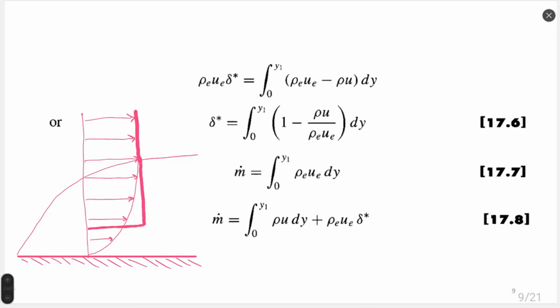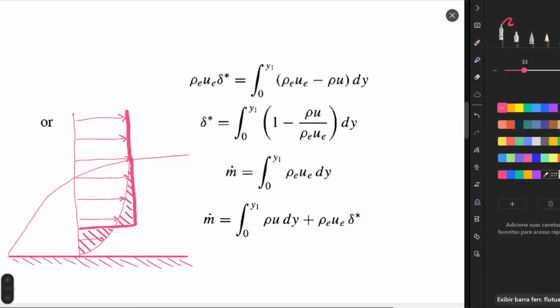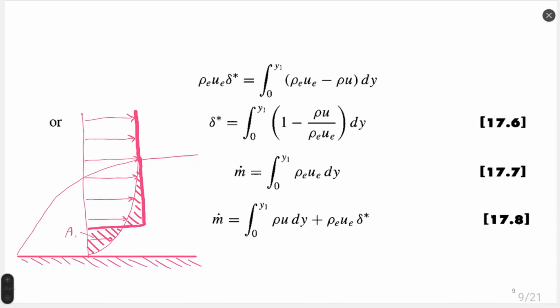So this area here, inside this zone which is missing, I will put here. So area 1 and area 2 would be equal, A1 is equal to A2.